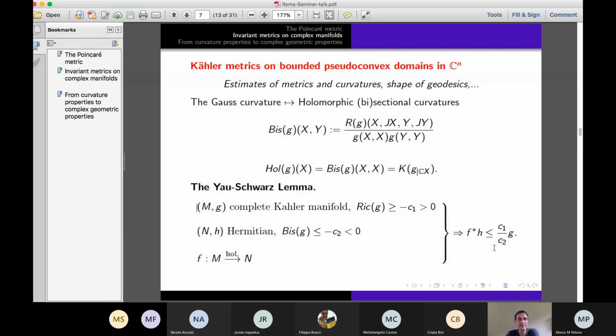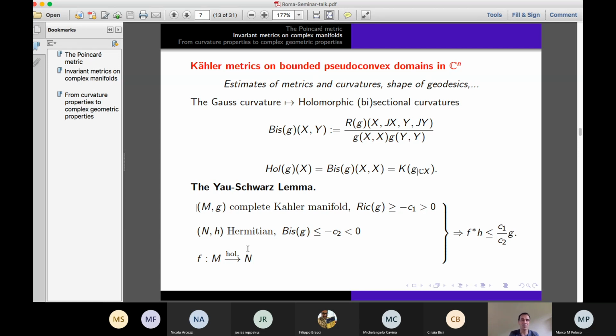In the first case, when M is the unit disk, you can compare your prescribed Hermitian metric H with the Kobayashi metric, because you compare with the Poincaré metric from above on the disk. In the second case, where N is the unit disk, you compare your metric from below with the Carathéodory metric. So please keep that in mind.